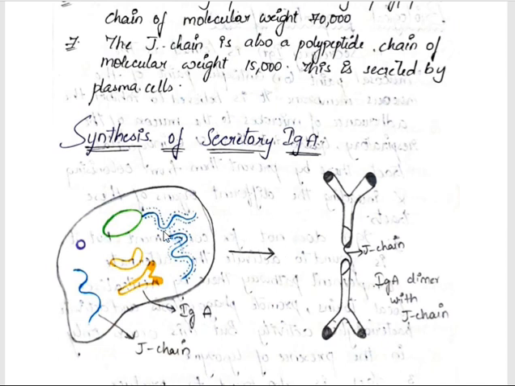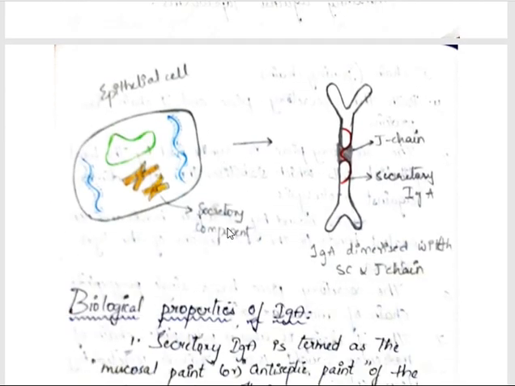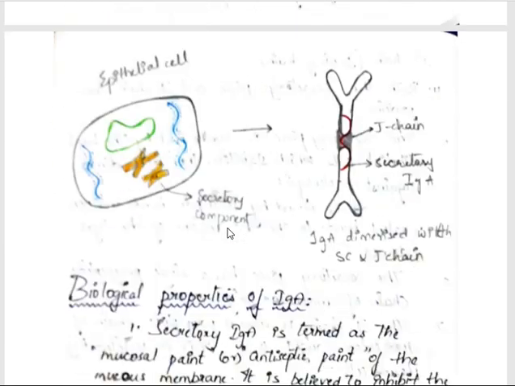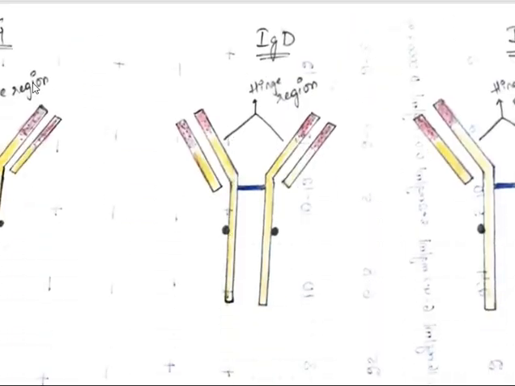By looking at the figures, you can have an idea of it. Serum IgA is a monomer with a structure very similar to IgG. In the same manner, it has 4 polypeptide chains, 2 light chains and 2 heavy chains.